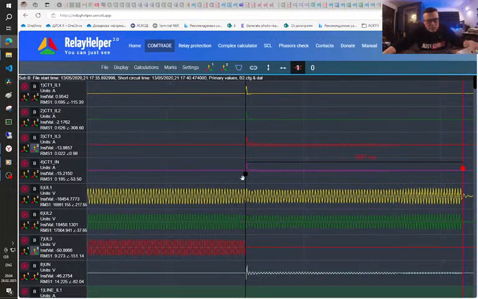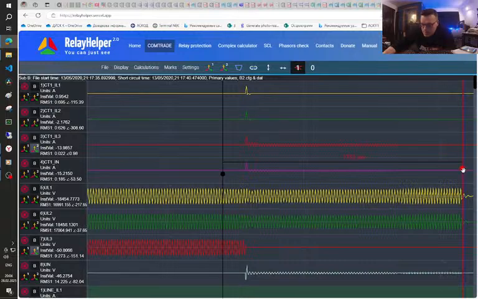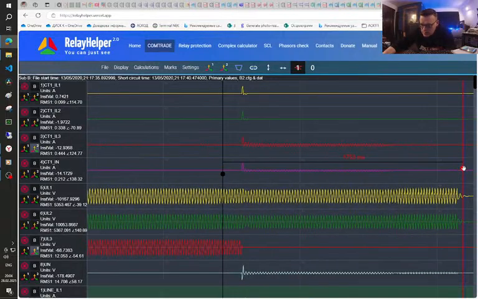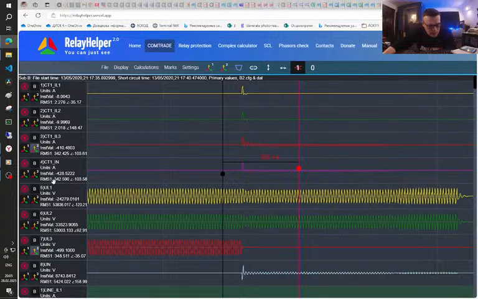In this particular case, the third zone was 800 amperes, and at this moment the ground current was a little bit more than 300 amperes. So this SOTF function can't work in this particular case.